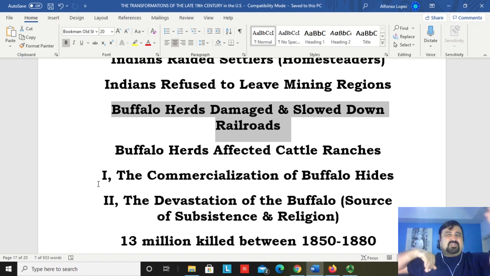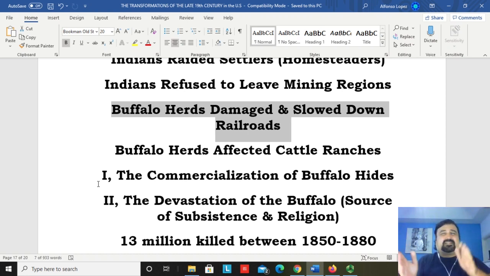I'll talk about how they destroy the barbed wire of some of the fences of the homesteaders. And the same holds true for cattle ranches as well. Cattle ranchers are also going to suffer from the same type of issue with the buffaloes, but also the railroads.